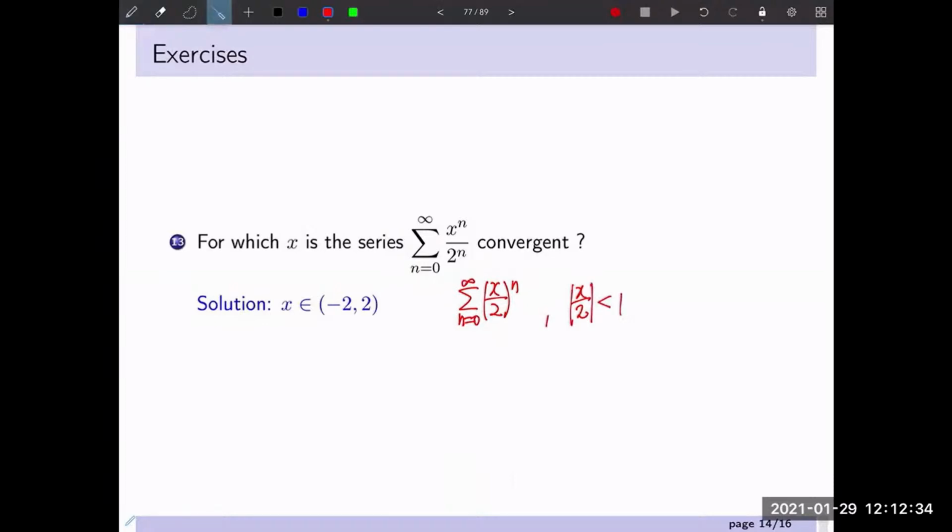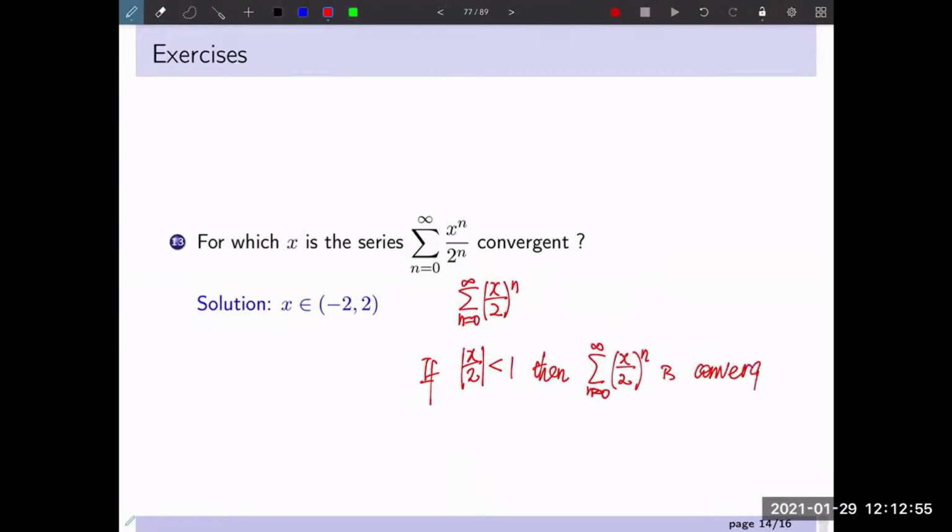In this case, the series would be convergent. If the base number is smaller than 1 in its absolute value, then it's convergent. Otherwise, it's divergent.